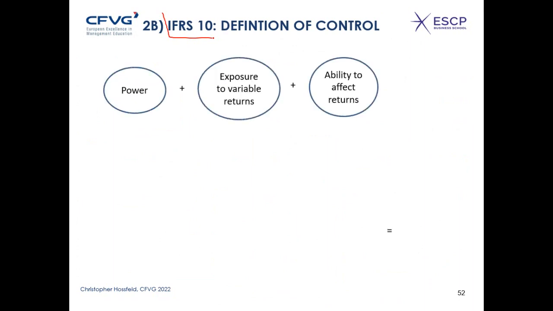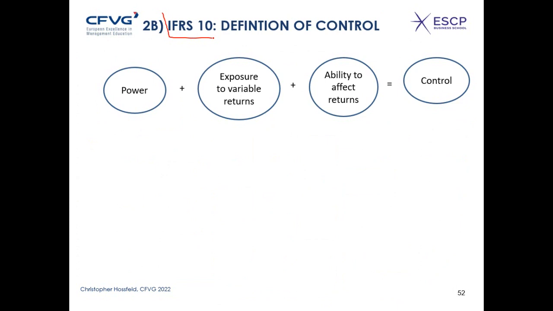And as you will see on this slide, actually, owning shares is not even mentioned. So having 60% or 50% of the voting rights is not specifically mentioned to take control. It's much more complex than that. So in IFRS, in order to control a company, three criteria have to be met.